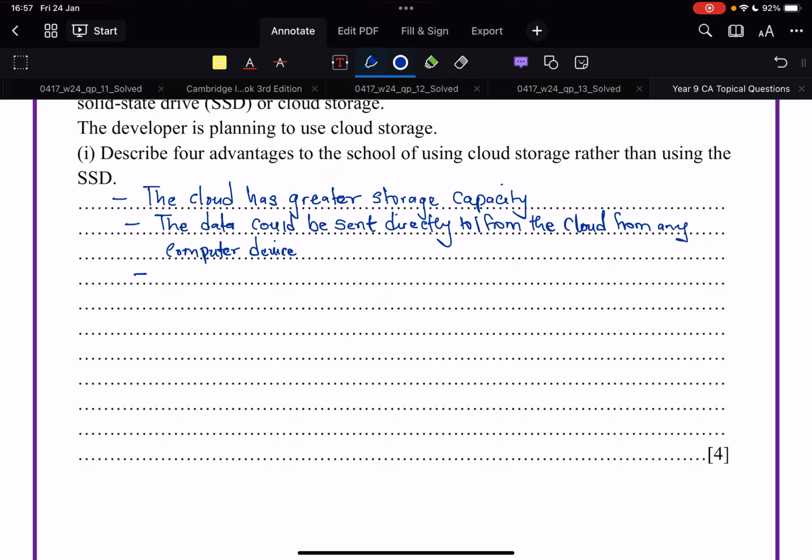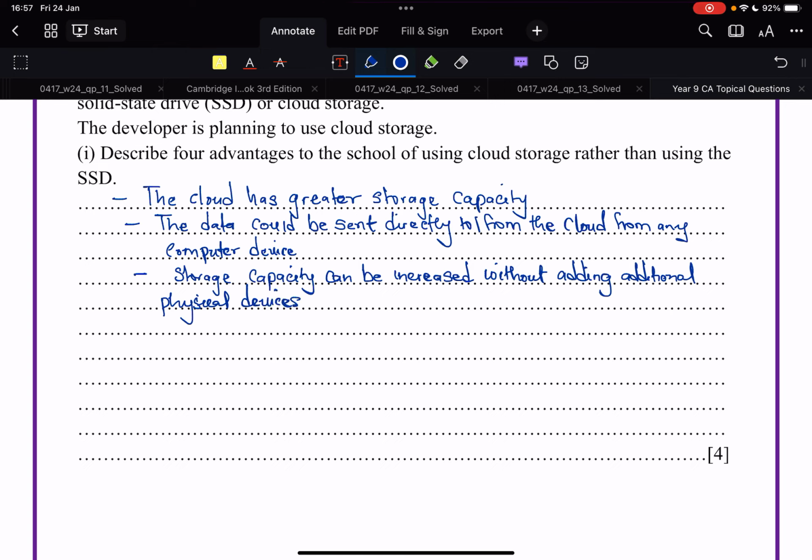Again, one of the things I want to talk about is that storage capacity can be increased without adding additional physical devices, which is a major key.